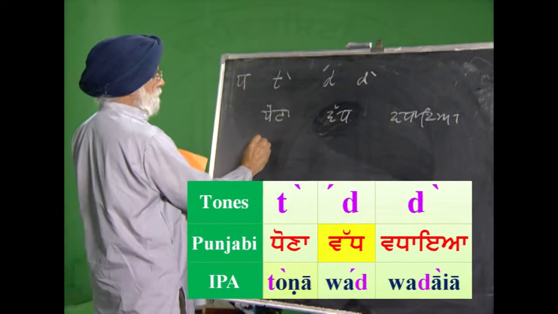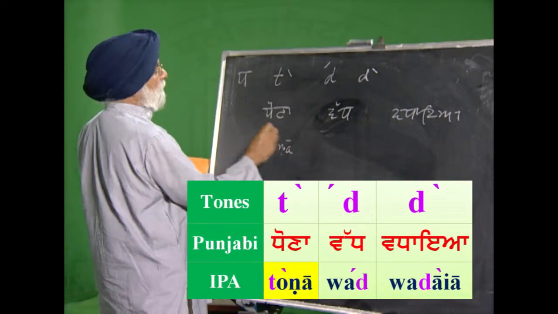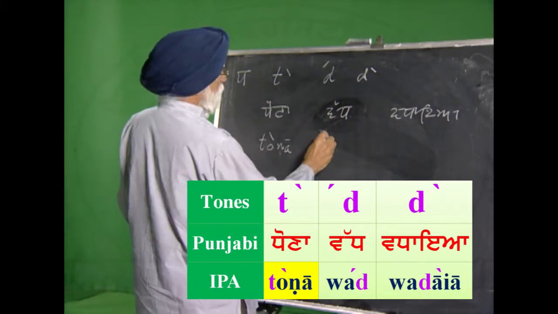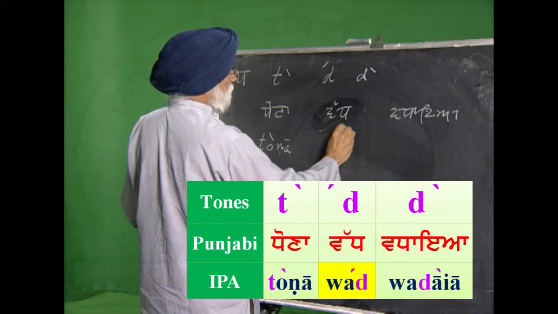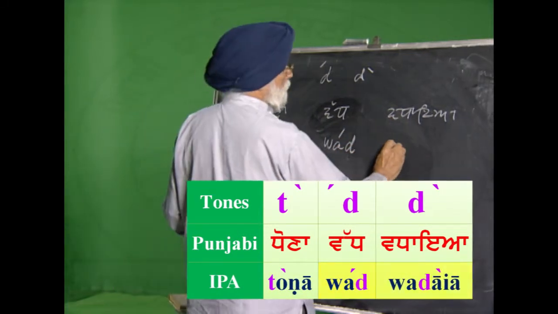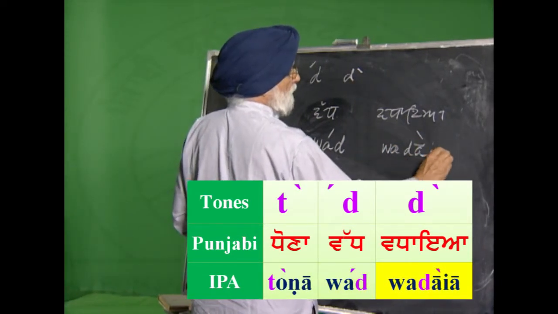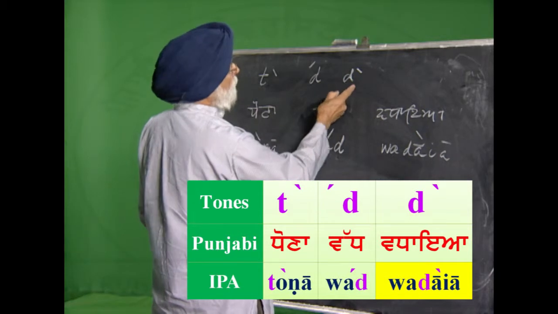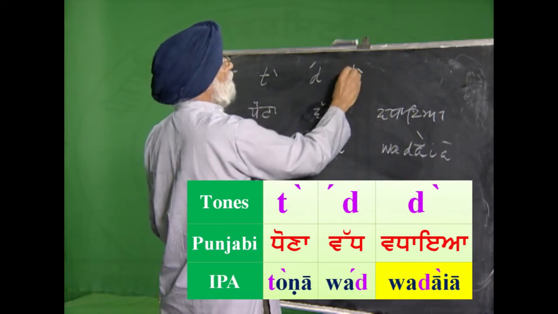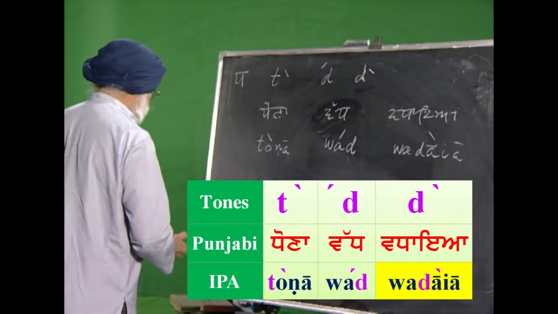See, this is tona, again the same, and here you have vad, you see, high tone followed by da, and Vudaya, again the same thing. The whole idea is that this is the high tone da, da with low tone in these 3 different situations.